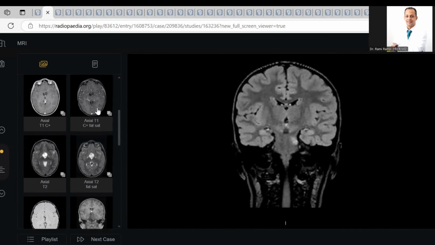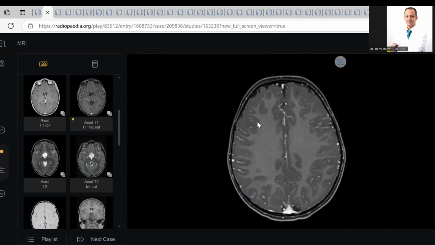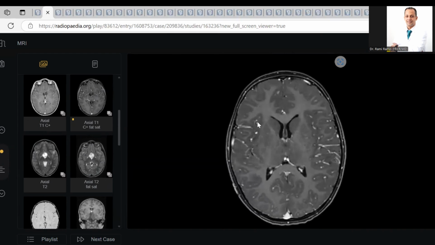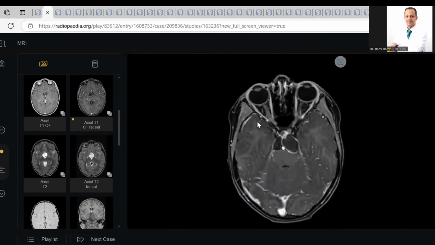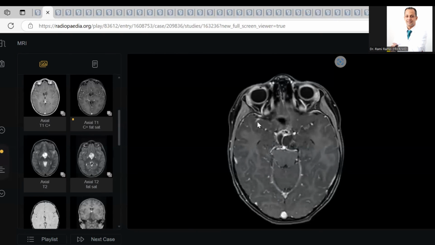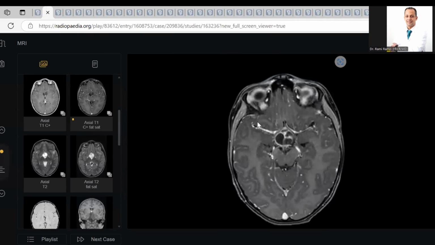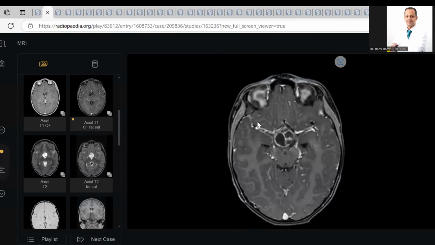Axial post contrast. Again, same ICA thing, both are fine. Is it encasing the basilar artery, I think? No, don't worry about it.